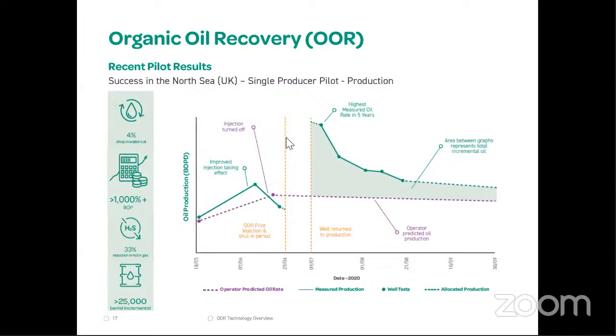But when we injected our nutrients, restarted the well, and did a well test, they got 25,000 barrels incremental from only one pilot test on the producer, and the H2S was reduced by 33%, and they got a return on investment of more than 1,000%. The water cut also dropped by 4%. 4% is a huge number for this kind of big well.